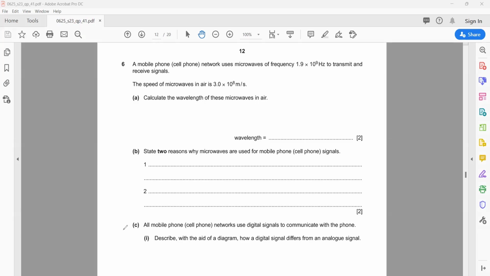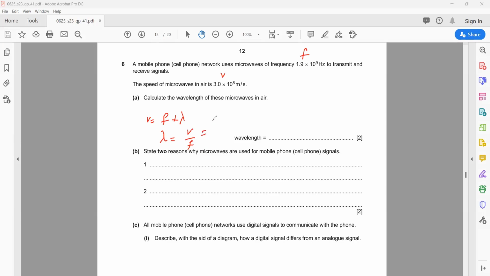So in question number 6, we were finding the wavelength; the frequency is given, and the speed is given. So the formula is speed equals frequency multiplied by wavelength. And if you want to calculate the wavelength, it will be speed over frequency.